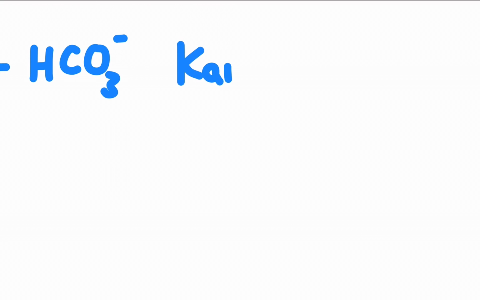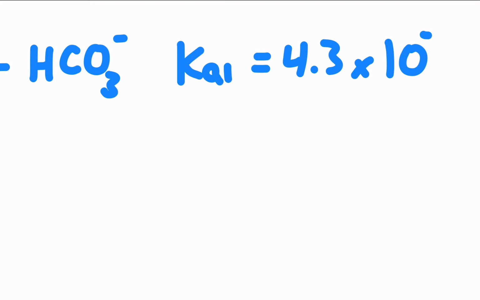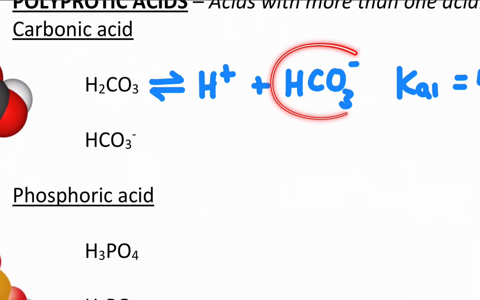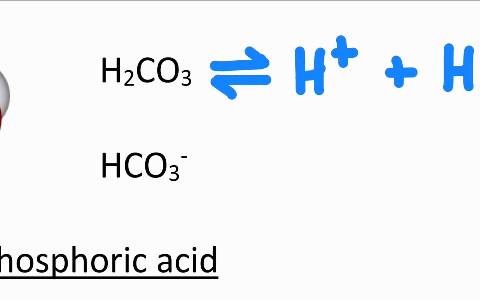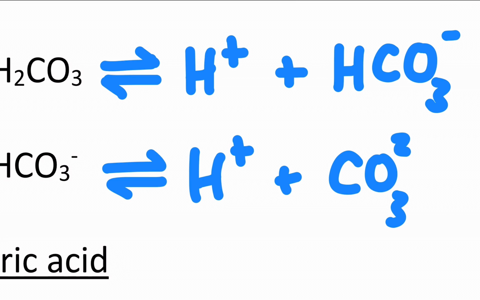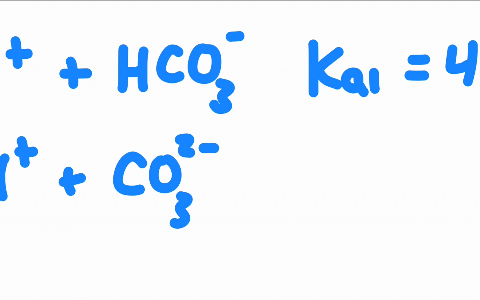Happens to be 4.3 times 10 to the negative 7. But then the conjugate base that we just made also is acidic. It can lose an H. So we can write an equilibrium for this, losing an H+, and then the carbonate ion. And that has a Ka value as well.